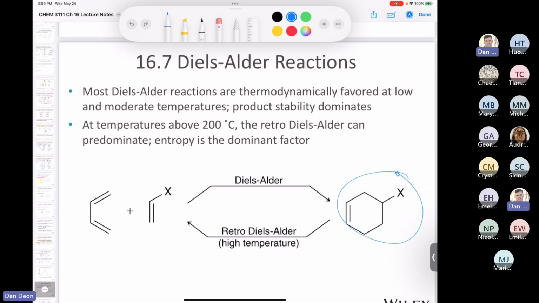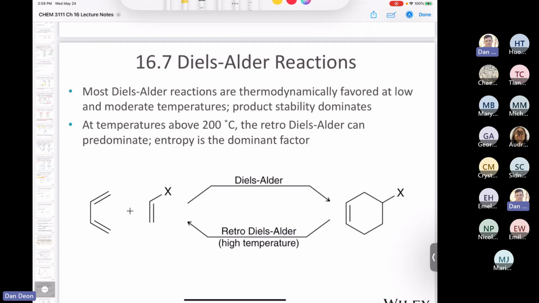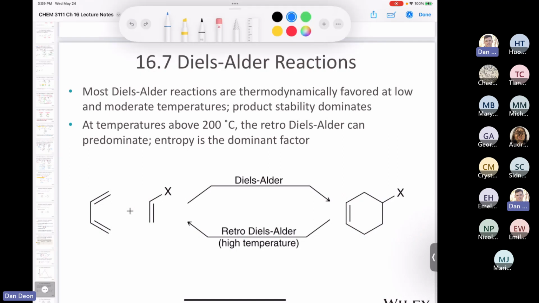All right, good enough. However, get this, and this might boggle your mind, but trust me, you'll understand when I explain it. If you crank up the temperature high enough on a Diels-Alder, say 250 degrees Celsius, then you get what's called the retro Diels-Alder. The reaction actually goes backwards.